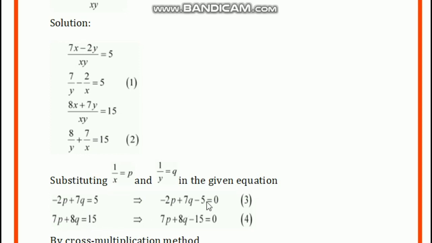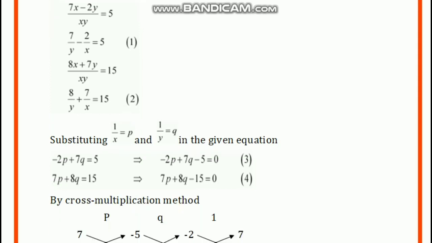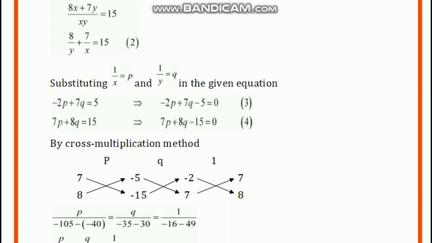Here I transpose the constant value to the left hand side. So minus 5, and the next equation is minus 15 equal to 0. So 7p plus 8q minus 15 equal to 0. Here I'm going to apply the cross multiplication method, or else you can use some other methods also.